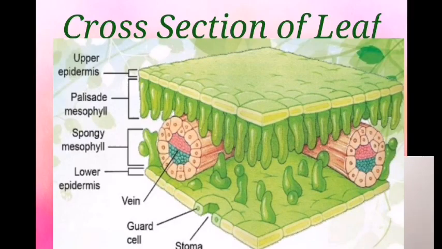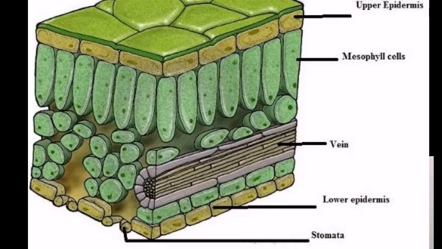Next is the cross section of a leaf. When we cut the leaf, we can see different structures inside it. There is an upper and a lower epidermis. In the upper epidermis, you can see a waxy coating on its surface; the waxy cuticle is present.